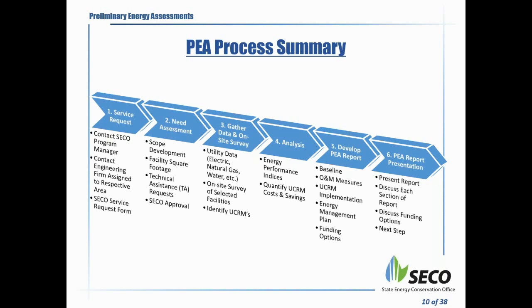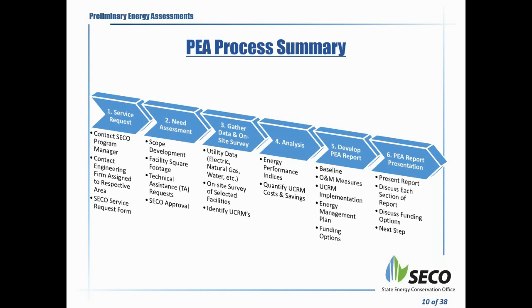The second thing is that once you have requested the service or shown interest, a scope development correspondence will happen, in which you'll be asked to provide the square footage of your facilities. There might be some back and forth, by email or phone, trying to identify the scope of the project.